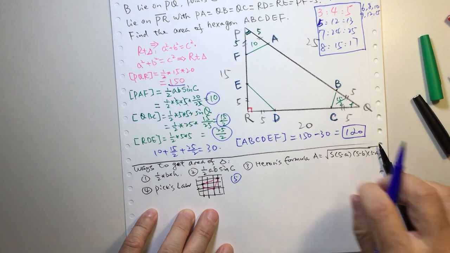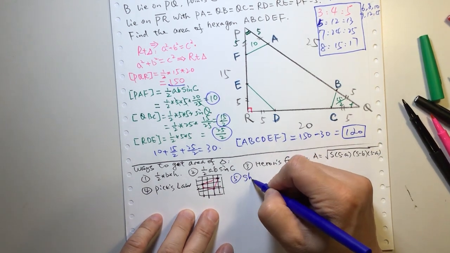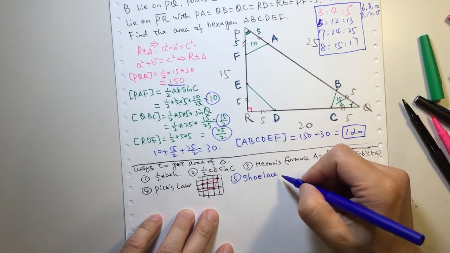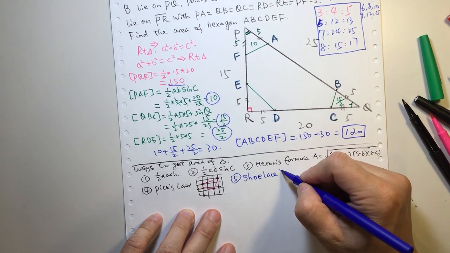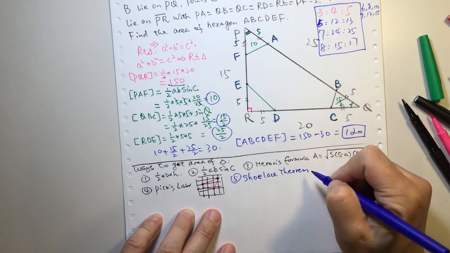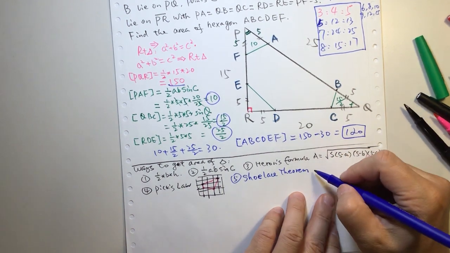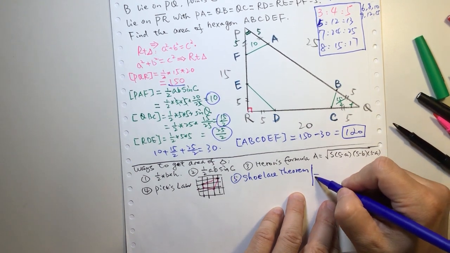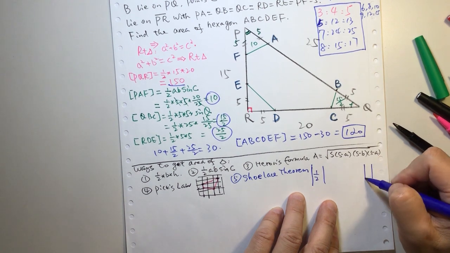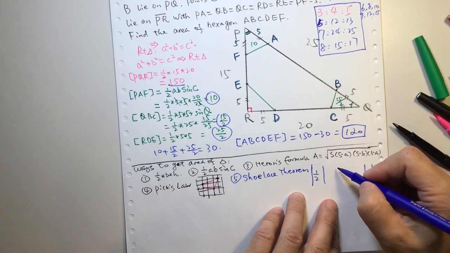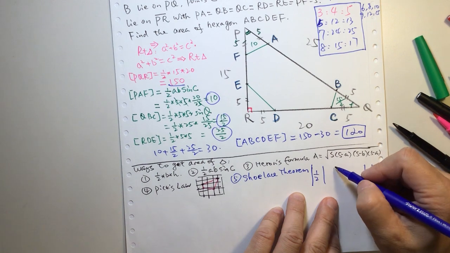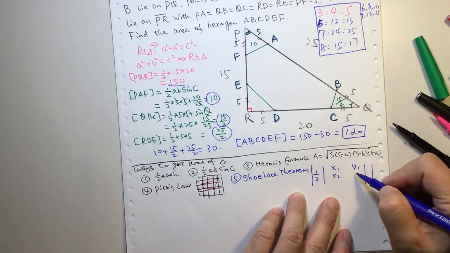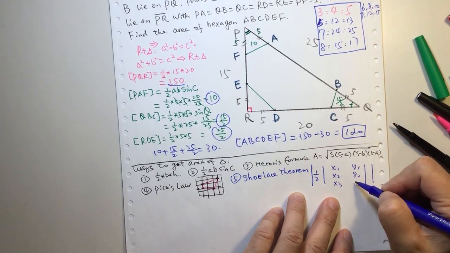The fifth way we call the shoelace theorem, right? And it's like this way. That's the absolute value sign, 1/2, and inside are the points' coordinates, like x1, y1, x2, y2, x3, y3.